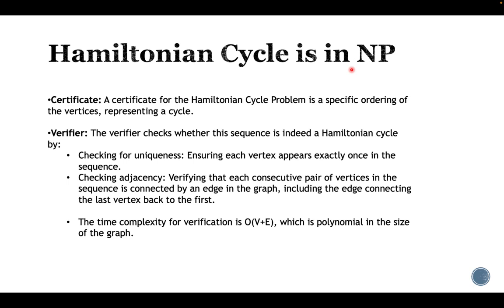The verifier checks whether each vertex appears exactly once in the sequence, and verifies that each pair of consecutive vertices is connected by an edge, and that an edge connects the last vertex to the first. The time complexity of this verification is O(V plus E), which is polynomial in the size of the graph. Therefore, the Hamiltonian cycle problem is in NP.